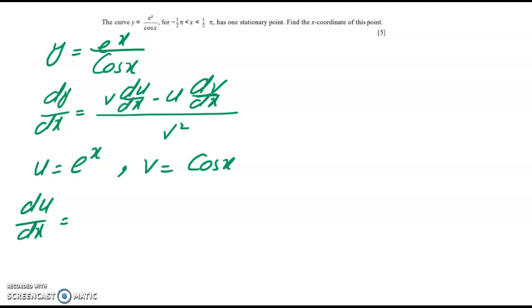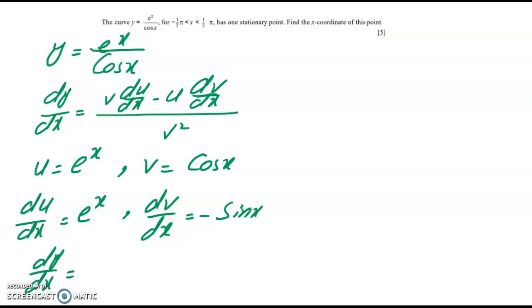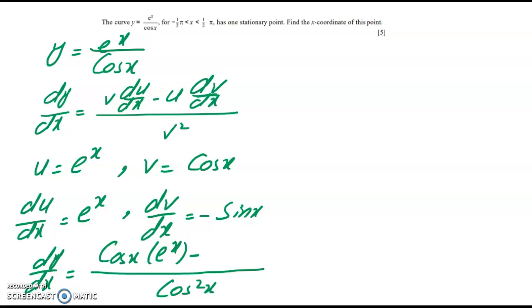If we differentiate the numerator, as we remember, the derivative of the exponential stays the same, and the derivative of v will be equal to minus sin x. If we replace these values in the formula, v squared means this is cos squared x, keeping v as it is, derivative of u, minus u as it is, and derivative of v.